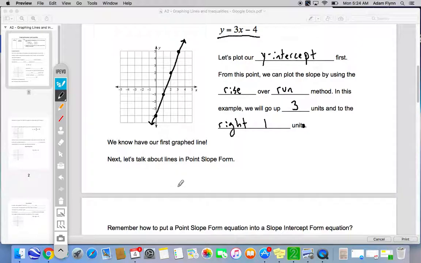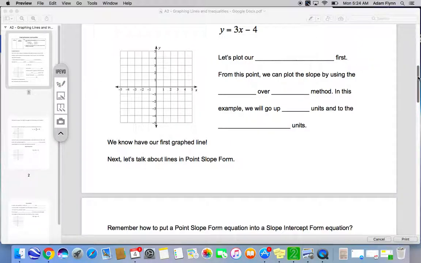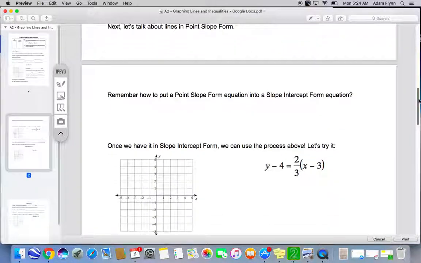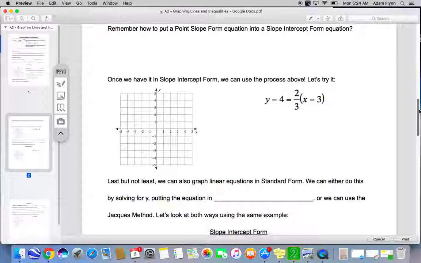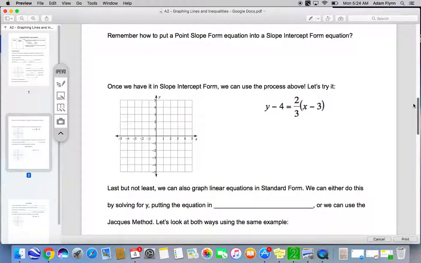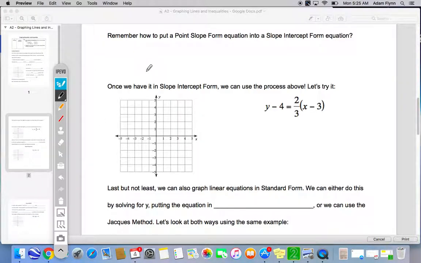So now let's talk about point-slope form equations. Pause the video if you need more time. Okay, so remember how to put a point-slope form equation into a slope-intercept form equation? Well, I do, and I certainly hope you do as well.